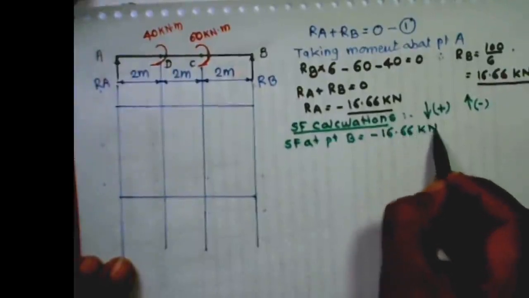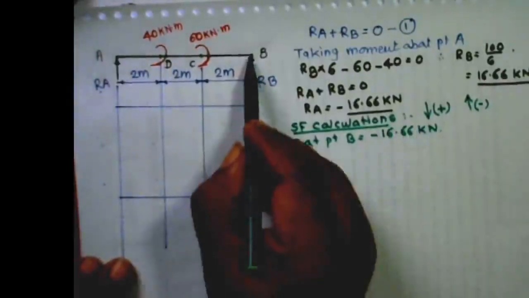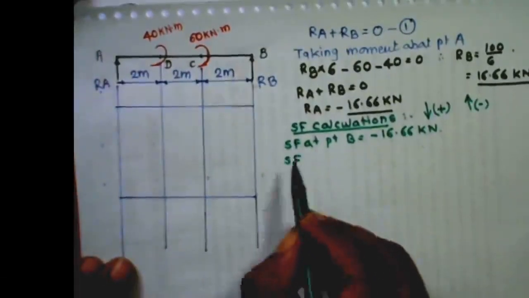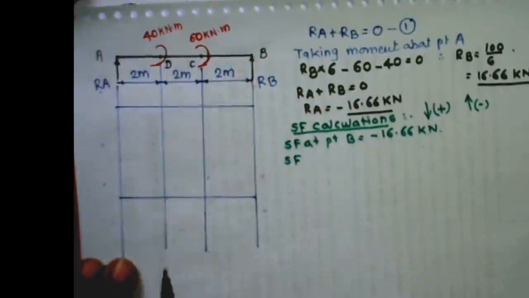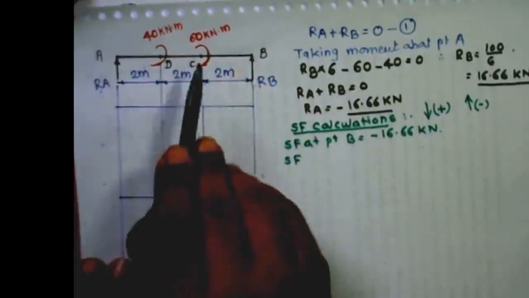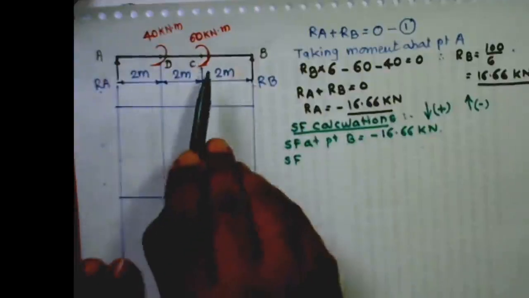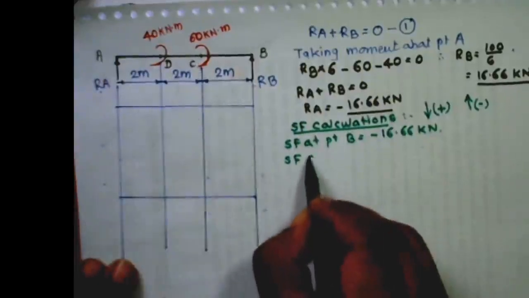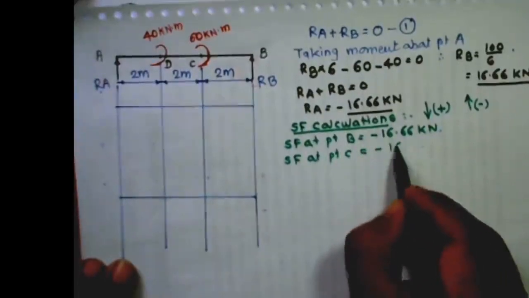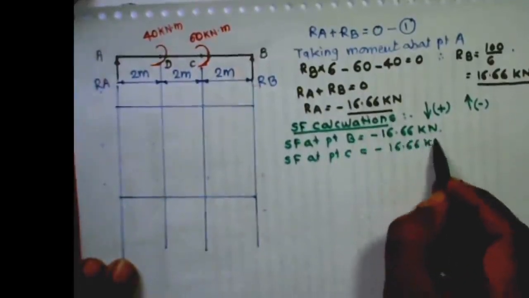minus 16.66 kilonewton. Between the point B and C, there is no load. While calculating the shear force, no need to consider the moment acting on that point. We have to consider only forces. So shear force at point C, there is no load. So again we may say 16.66 kilonewton.